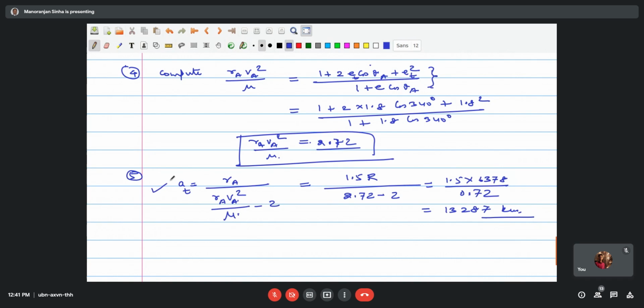And this information will be used in computing Kepler's equation.